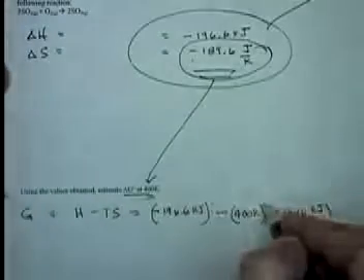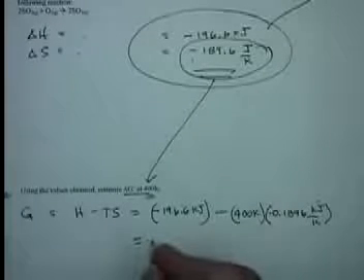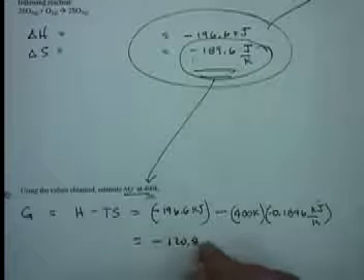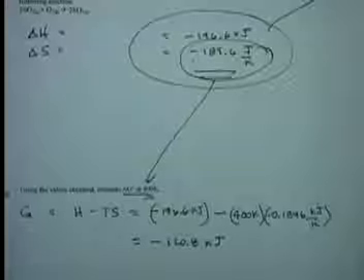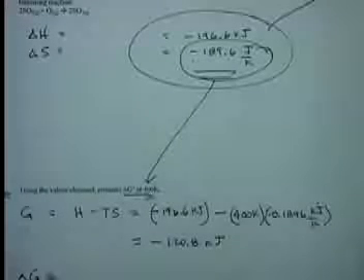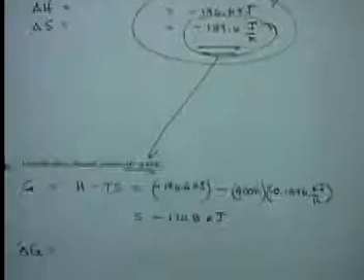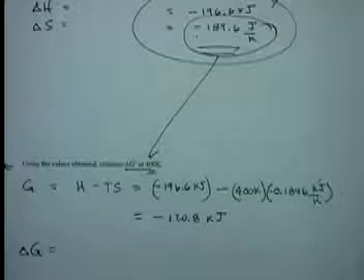The negative stays the same, but this is kilojoules now. And if I do that math, I end up with G being negative 120.8 kilojoules. And if we calculate delta G using products minus reactants, we'd end up with something fairly close, or at least nearly the same as what we calculated right here.